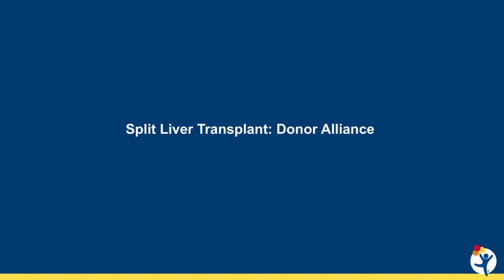Sometimes we can actually transplant two recipients with one whole deceased donor liver, so we can do something called split liver transplant, where we take the smaller segment for a baby or a small child and then use the larger segment for an adult.